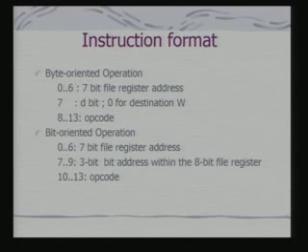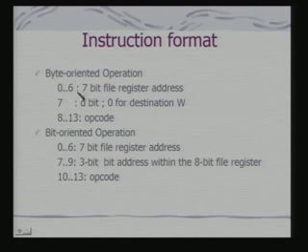The instruction format is different for different kinds of operations. We have already seen that we have byte-oriented instructions and bit-oriented instructions. For these instructions, the structure looks something like this. In a byte-oriented operation, you specify a 7-bit file register address, which is typically the memory location.